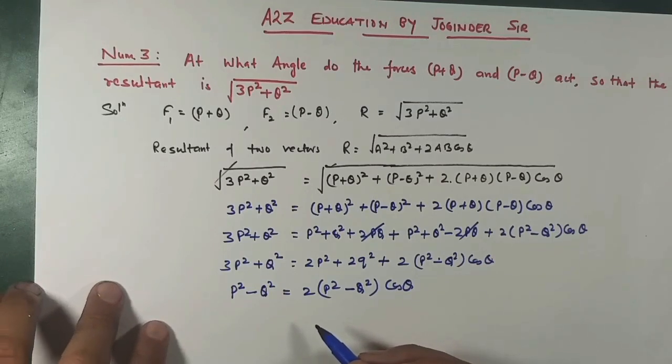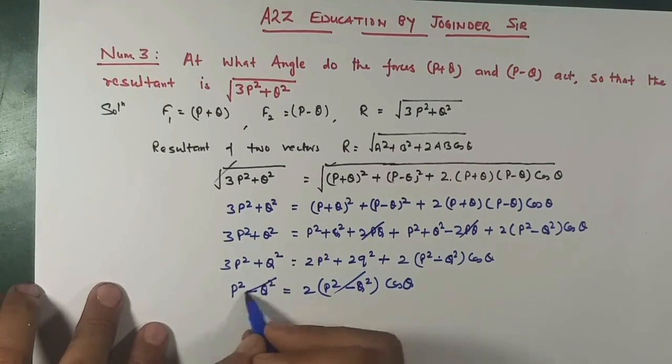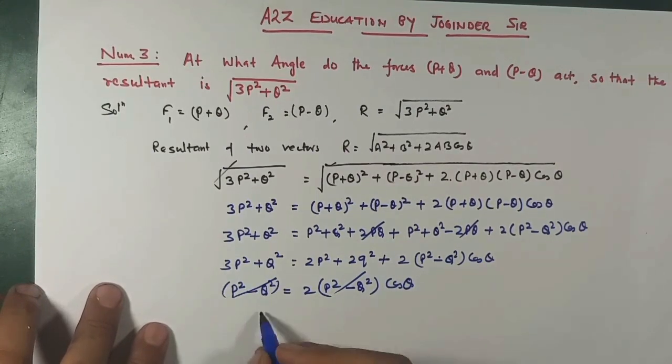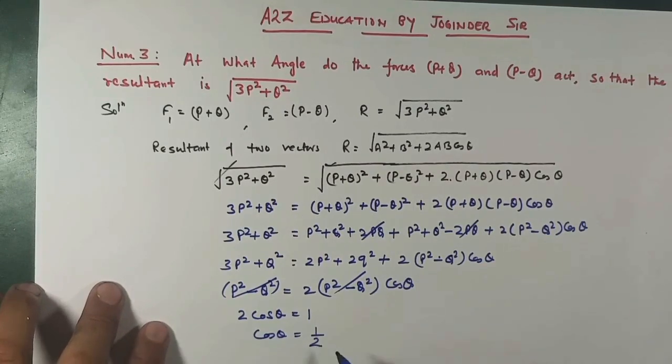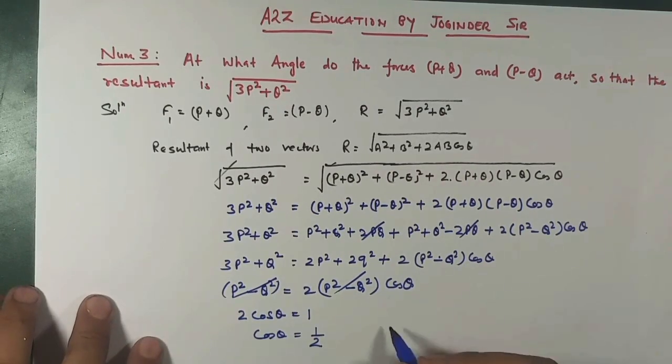Clear? Now P square minus Q square cancel, so that means it becomes, or you can say 2 cos theta is equal to 1, or cos of angle theta is equal to 1 by 2, and the angle at which the cos has 1 by 2 value, that angle is 60 degree.